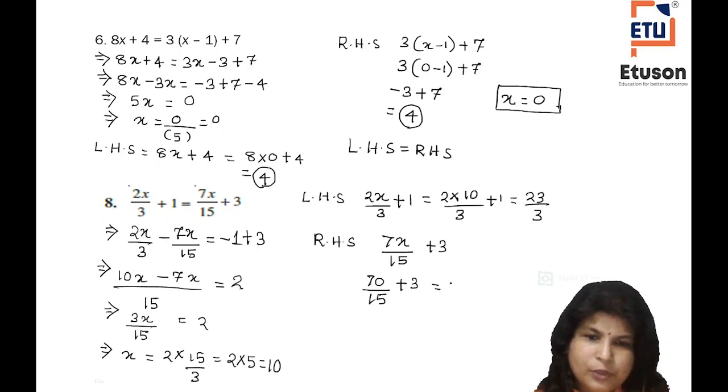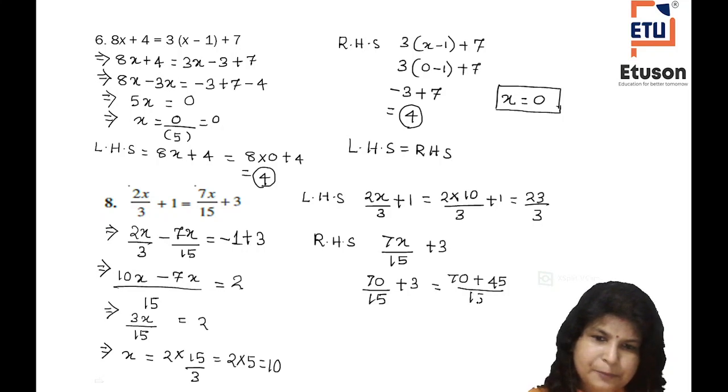So what you got is 70 plus 45 divided by 15, that is 115 divided by 15.